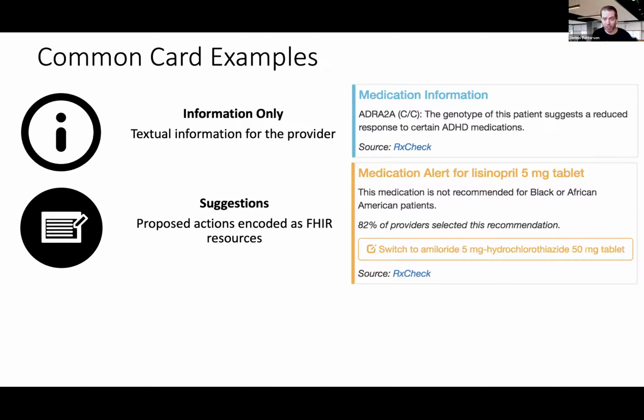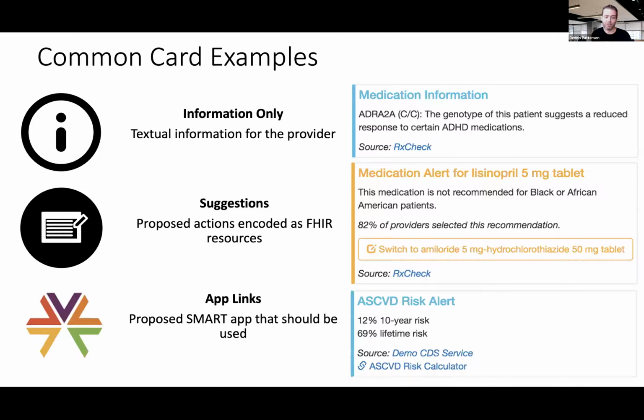So when it says, switch to this other drug, the service has returned that in FHIR form, and the CDS client would use that and convert that into something that's actionable. And in this case, the medication has a conflict with the patient's race. And so here's an action that you can click to swap things out.